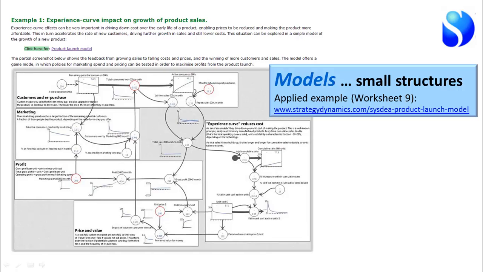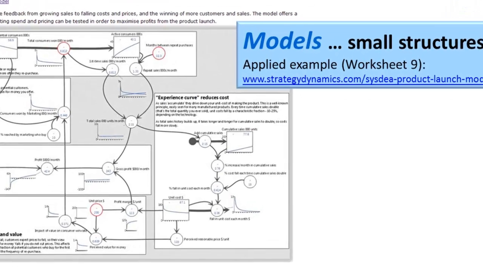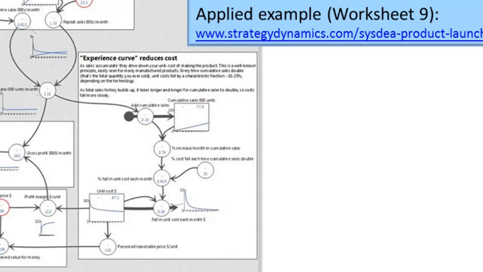So this is a little bit further down that page from the help system, the worksheet 9 page. At the top of the page we've got the very simple structure about the experience curve. And if you look at the bottom right of that big complicated scary diagram you can see there, that is the little piece of the experience curve which is driving down unit cost in the launch of a product.